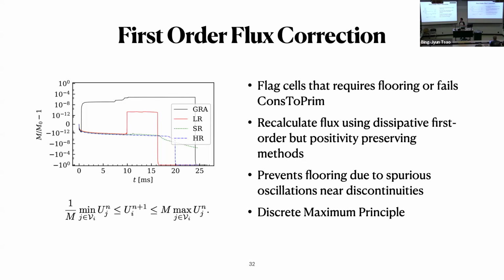Basically, in a scalar conservation law, you have a maximum principle, and for the GRMHD equations this is not exact, but we enforce that if the cell-centered variable is not within the maximum and minimum of its neighbors, within some tolerance, then we trigger the first order flux correction to have more dissipation to avoid the unphysical scheme. Though in the binary neutron star test, we have not used this.